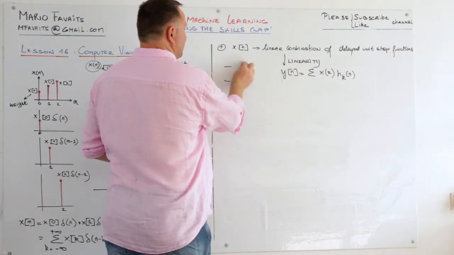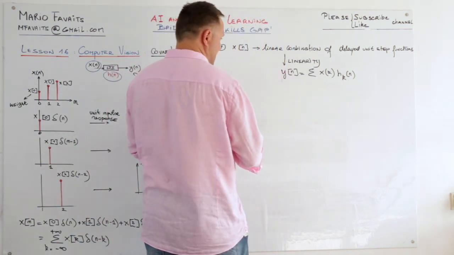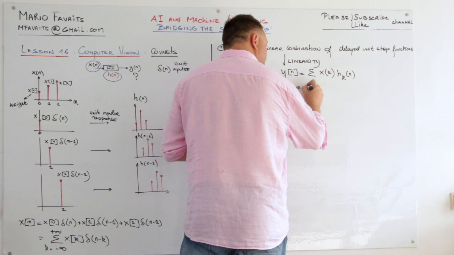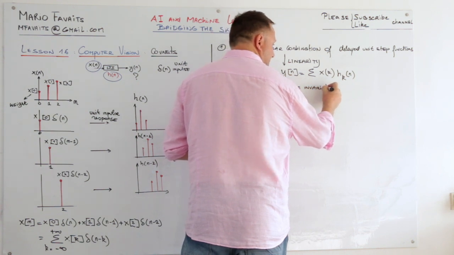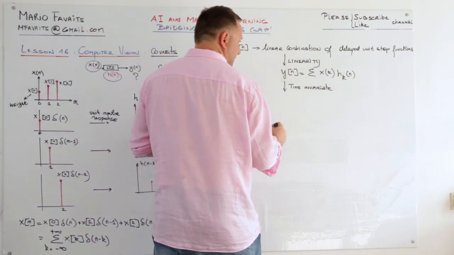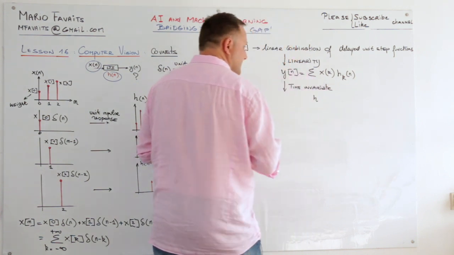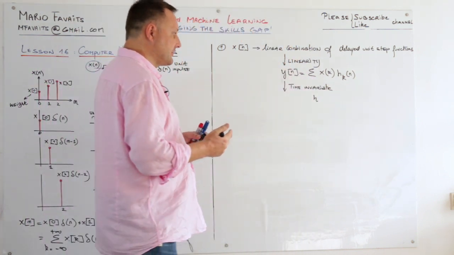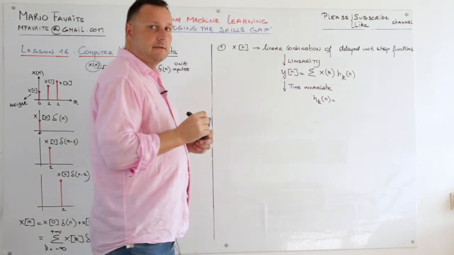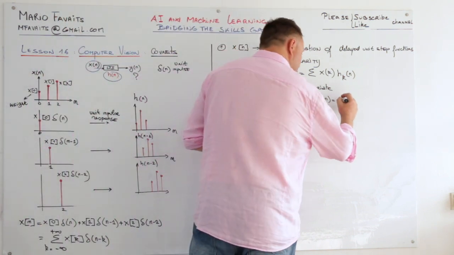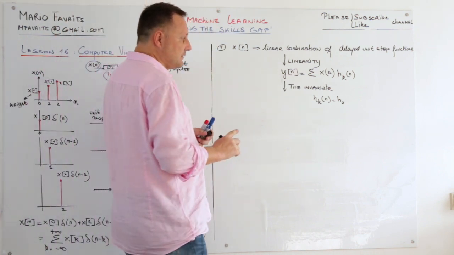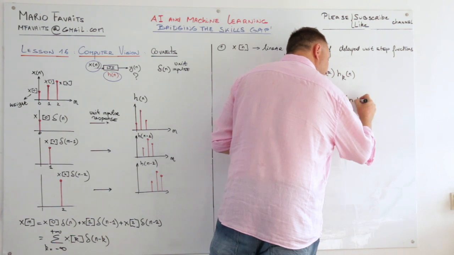And now we're going to use the second characteristic, time invariance. What does time invariant mean? It means that the response to a unit step function at time k is exactly the same as the response to that unit step function at time 0, but shifted over k.